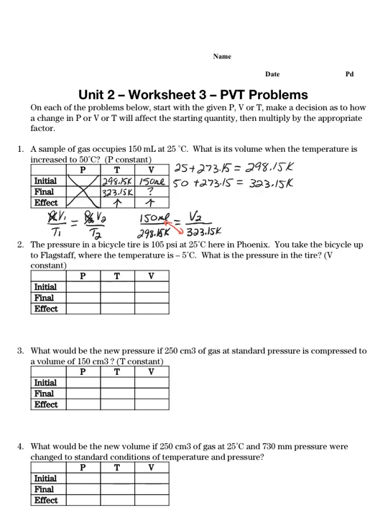So I'm going to multiply 150 milliliters by 323.15 degrees Kelvin will equal my volume and the initial temperature, 298.15 degrees Kelvin. There we go.